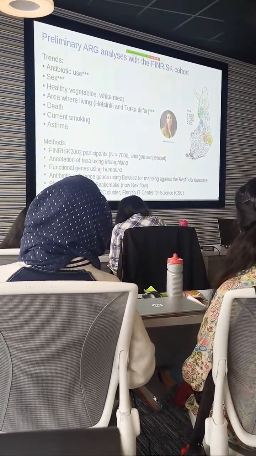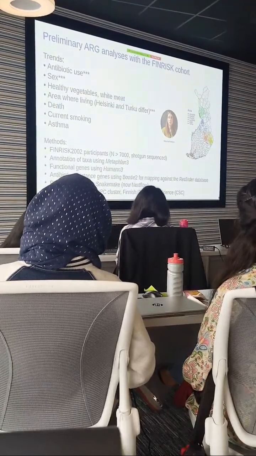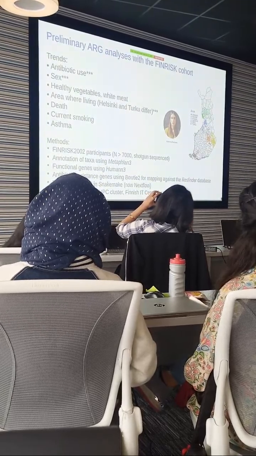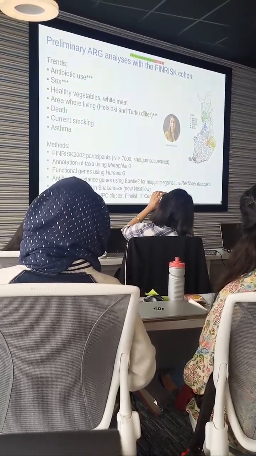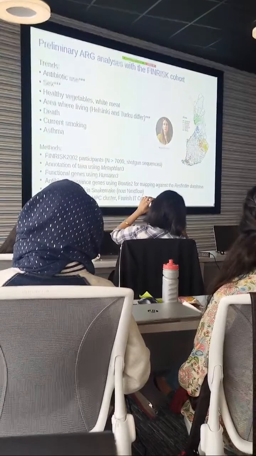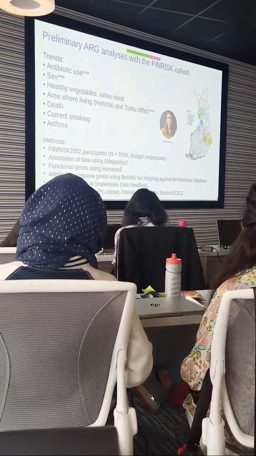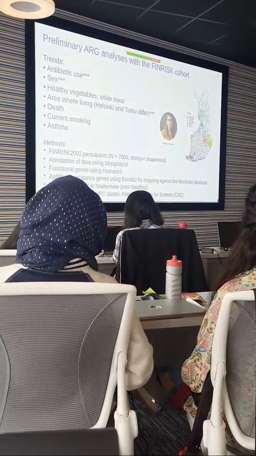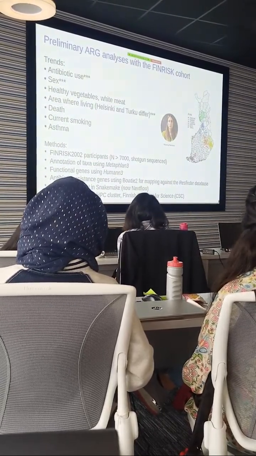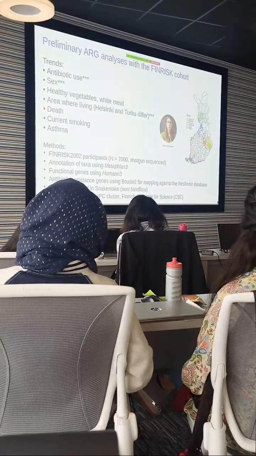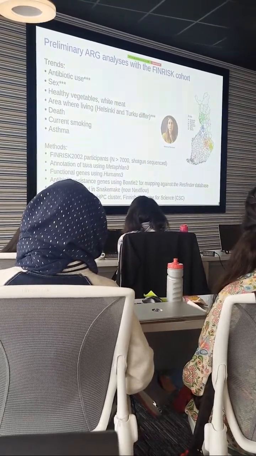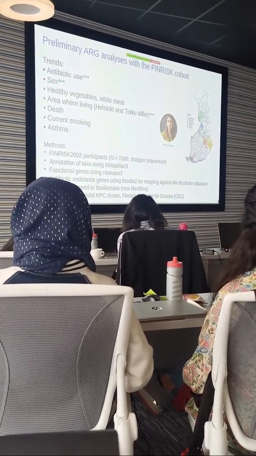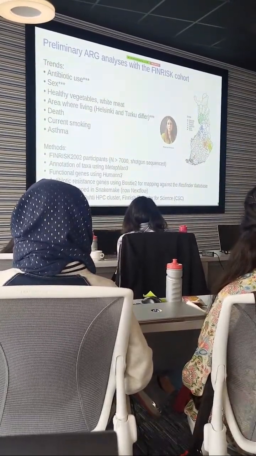So now one of the new things we are looking at is ARG analysis. Katarina Pärnänen is a postdoctoral researcher in my team. She is now working on this. She already discussed this in some events, conferences. So this is more or less public, but this is our preliminary results from analyzing the ARG composition in gut microbiota and correlating it with different background factors that we have.